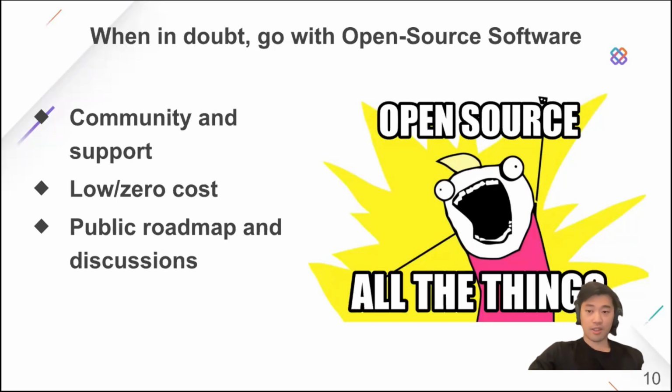It's not always the case, but in many cases it is, and you would go and create a GitHub issue with a question or a problem that you're experiencing. It oftentimes means that it requires very little or zero cost to get started. And you do get insight into a public roadmap and discussions that happen around the tool, so you can plan accordingly.